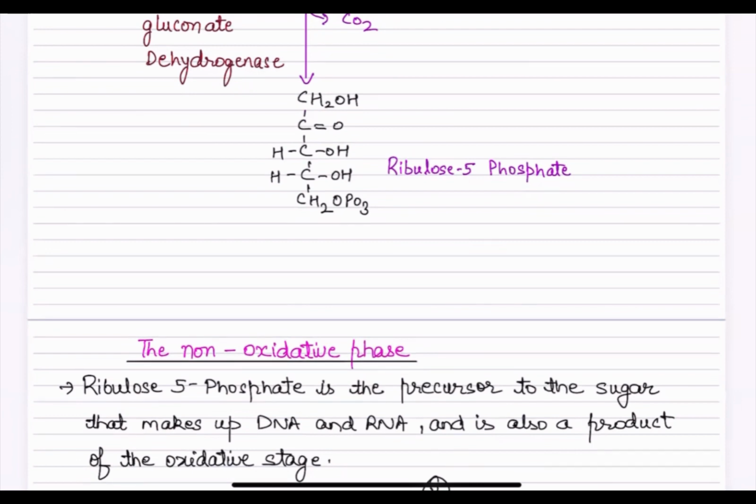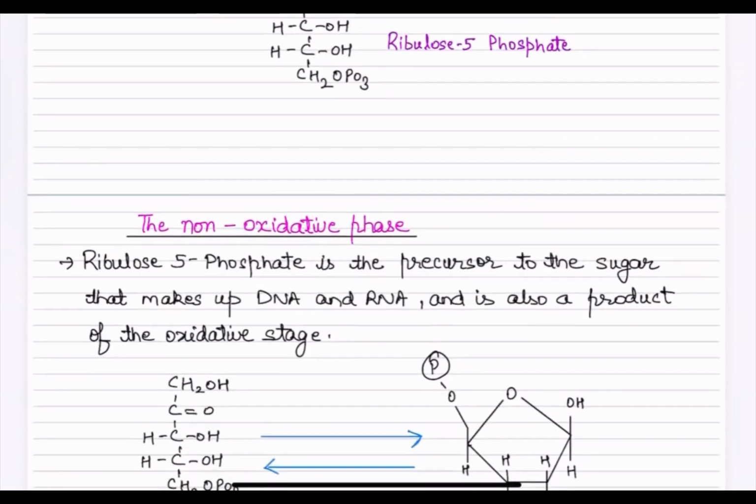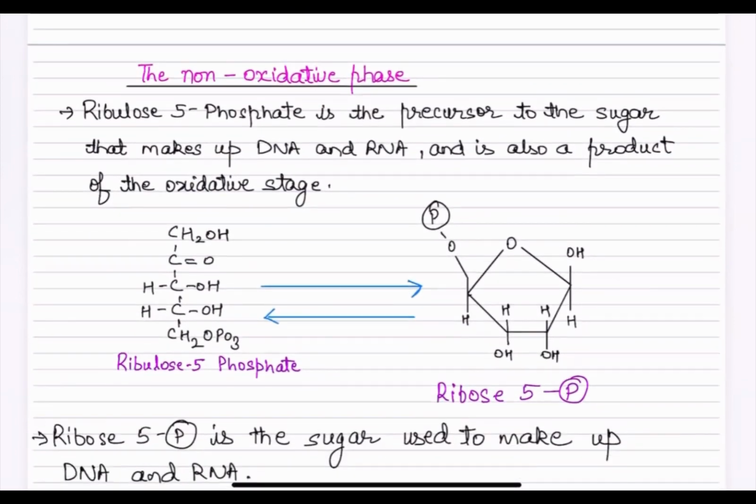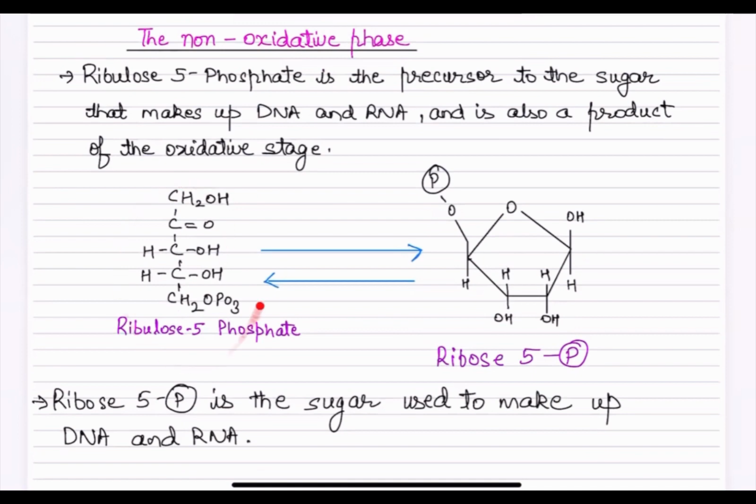Just like glycolysis, the pentose phosphate pathway appears to have a very ancient or evolutionary origin, and the reactions of this pathway are mostly enzyme catalyzed. Now, the non-oxidative phase starts with ribulose 5-phosphate, and it leads to production of ribose 5-phosphate. Ribose 5-phosphate is the precursor of nucleotide biosynthesis and helps in making DNA and RNA.